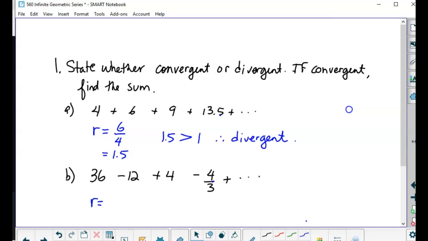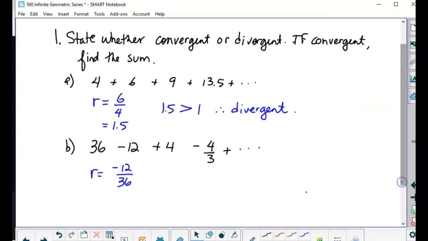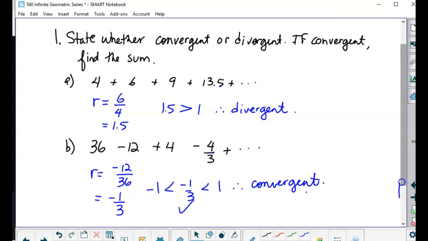Take a look at the next one. Okay, negative 1/3 is less than 1 and greater than negative 1. So therefore it's convergent, and we can find the sum.